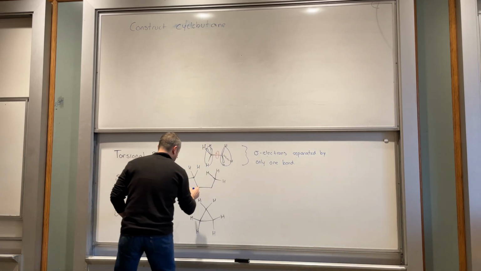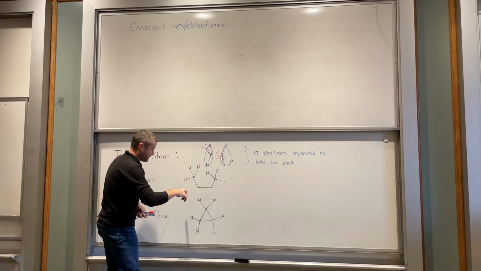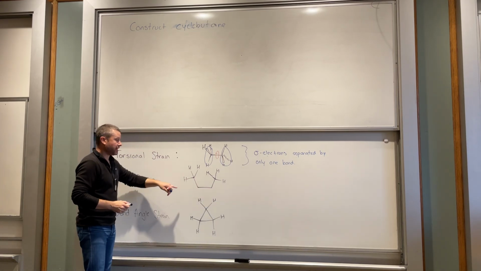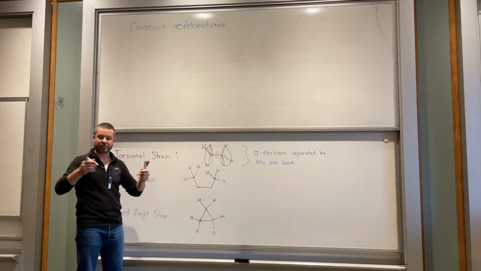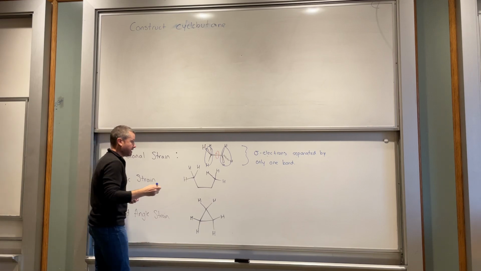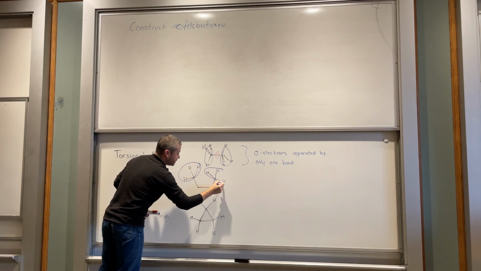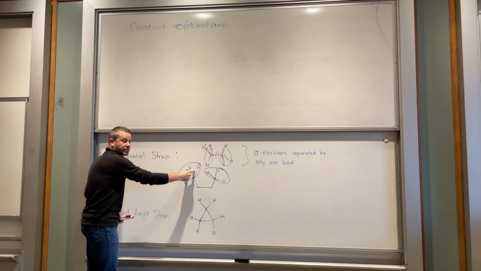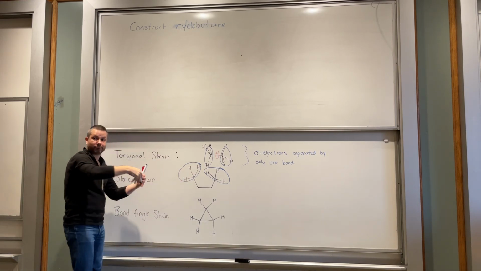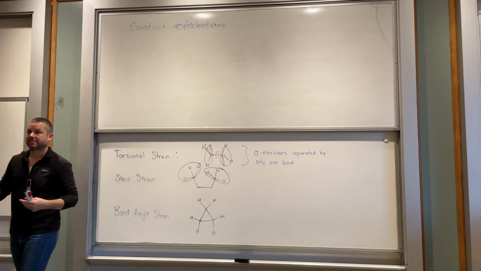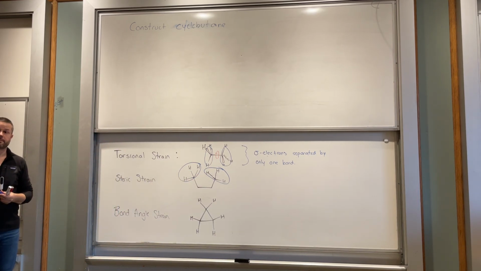Torsional strain is present because there are sigma bonds coming off of these two carbons, but we also have to define the interaction of what is beyond those sigma bonds. In this case, steric strain is the energy increase that occurs whenever this group of electrons interacts or tries to exist in the same space as the other group.